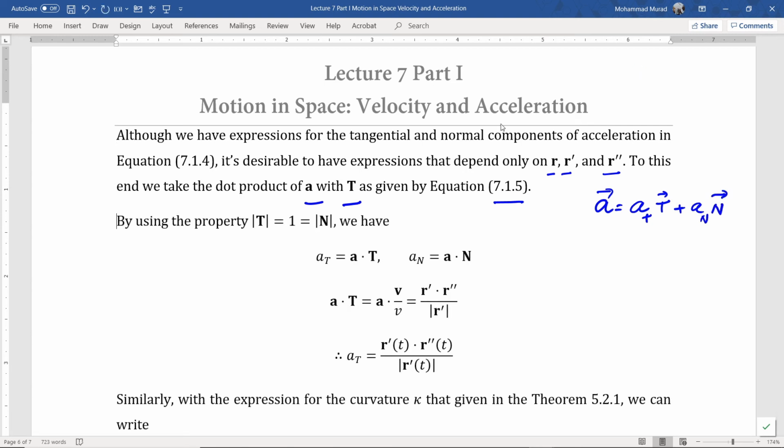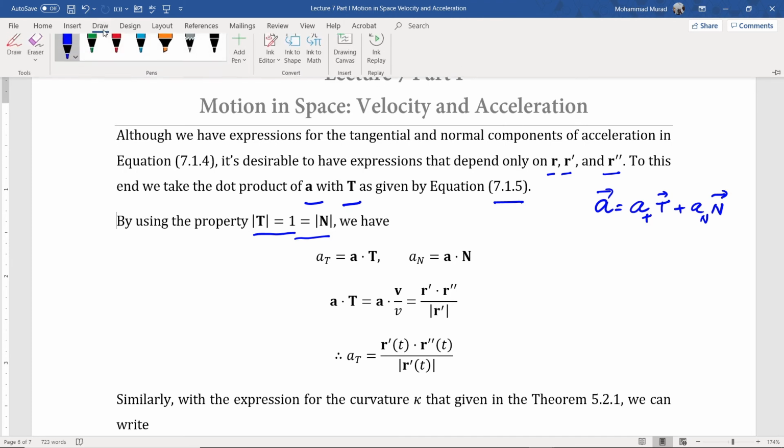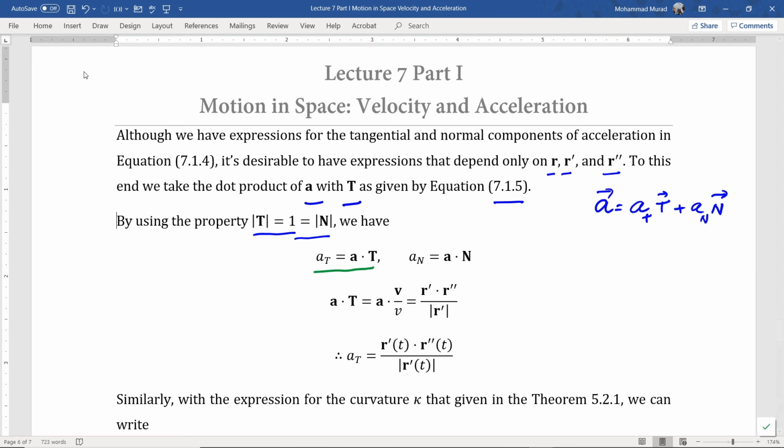By using the property that the unit tangent vector has magnitude 1, and so does the unit normal vector, we have the component a sub t equals a dot the unit tangent vector.